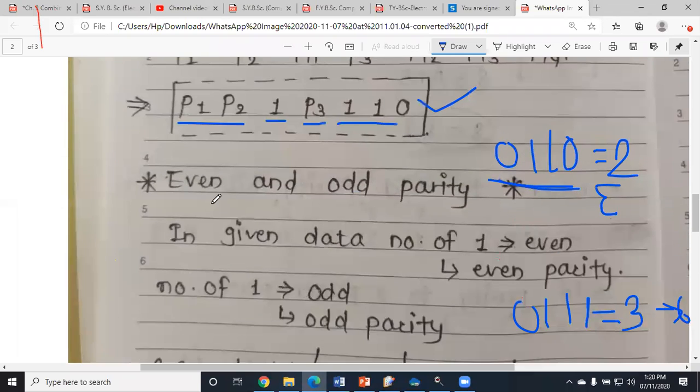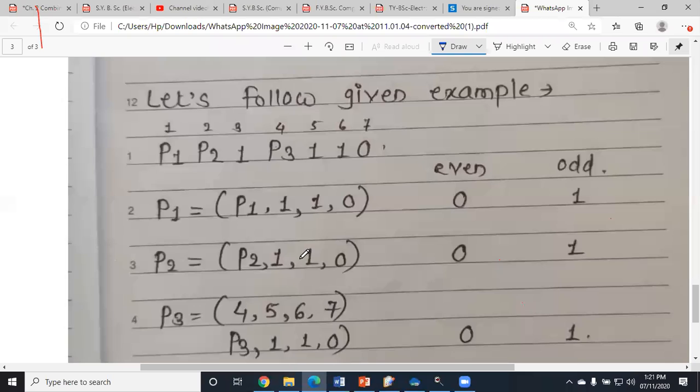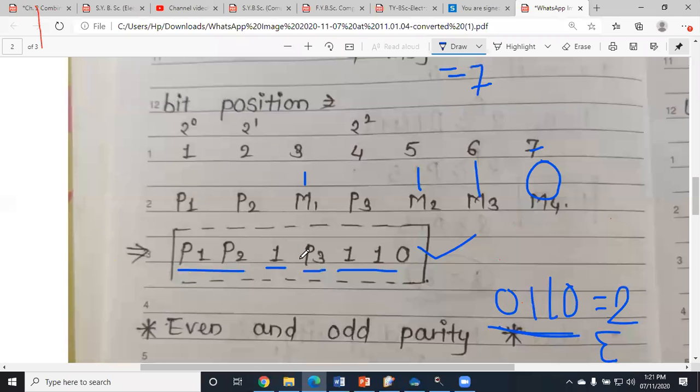Right? After comes the concept of even and odd parity, which I just explained. What is even parity and what is odd parity? If the number of ones is even, then it is even parity. If the number of ones is odd, then it will be odd parity. Right? Less than 1 minute is left. पुढचं एक्झाम्पल थोडंच राहिलं हे लास्ट. हे होणार नाही एका मिनिटात.